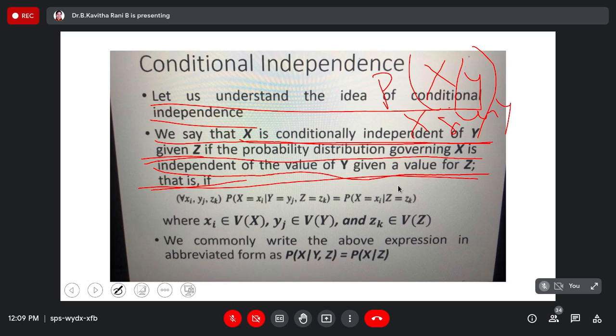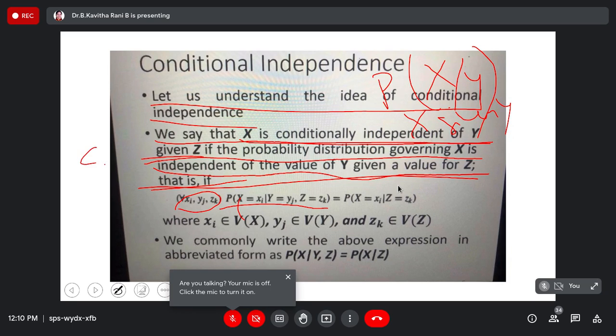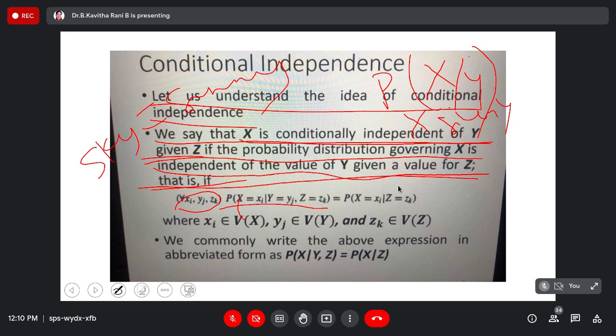So this is the condition: probability of X having value xi, that is sky is equal to sunny, Y is equal to yj, that is humidity is equal to high, Z equal to zk, that is outlook is equal to good. So we have conditions like this.